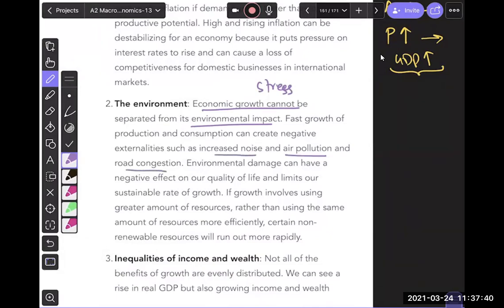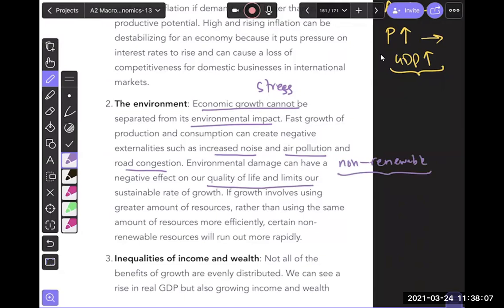Road congestion can happen, and this is what we call the negative effect of economic growth, because the quality of life can go down, and that can be a problem. Also, we are using up what we call non-renewable resources, like oil, which we'll be eating up, and that could also be a problem for the economy. Does that make sense, guys?